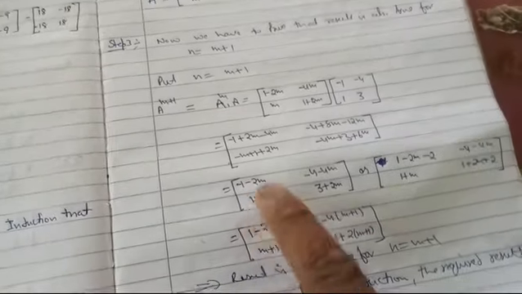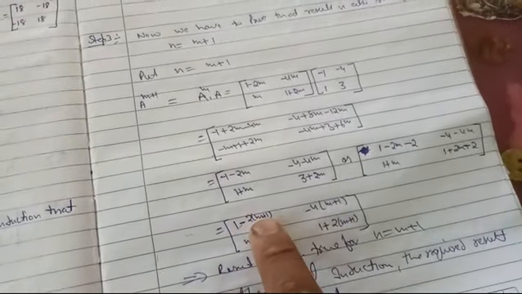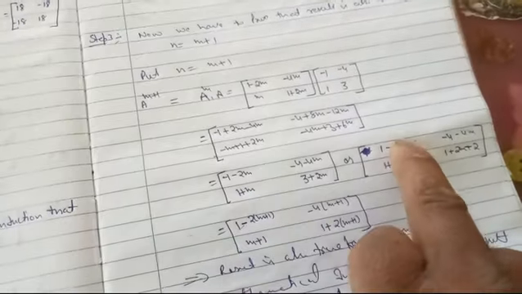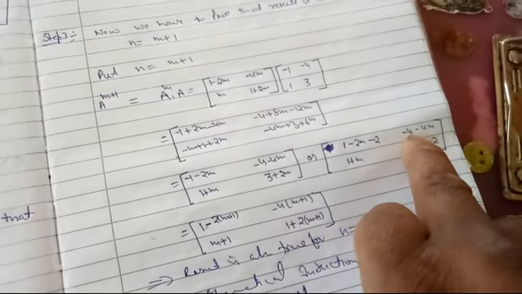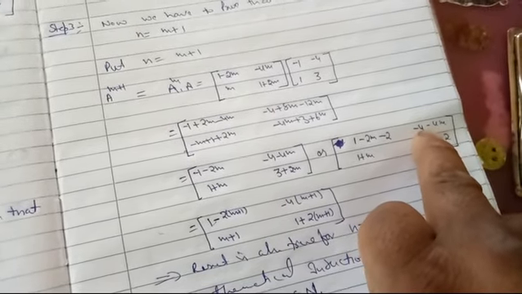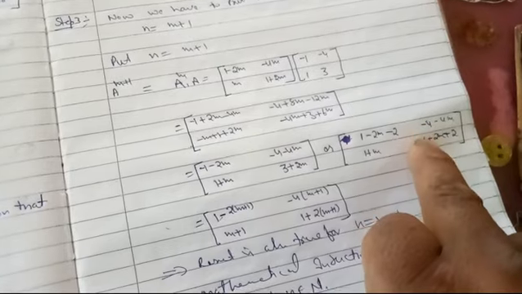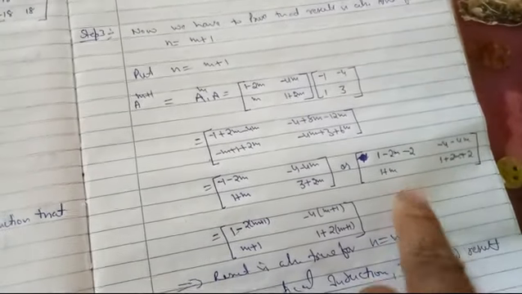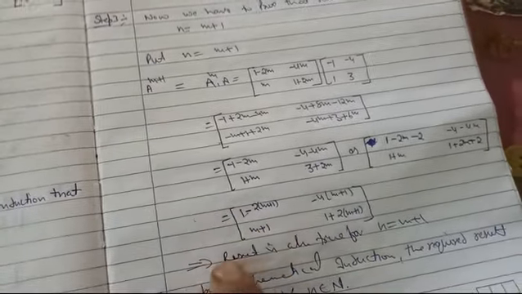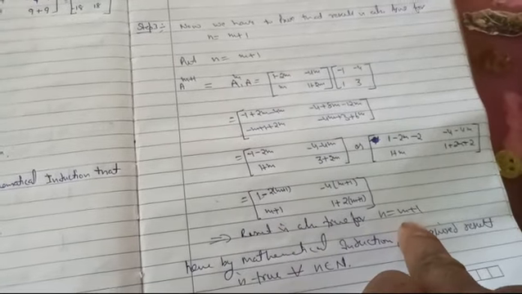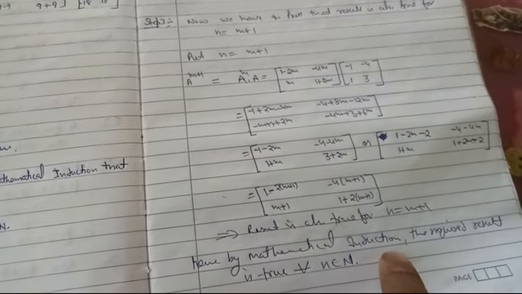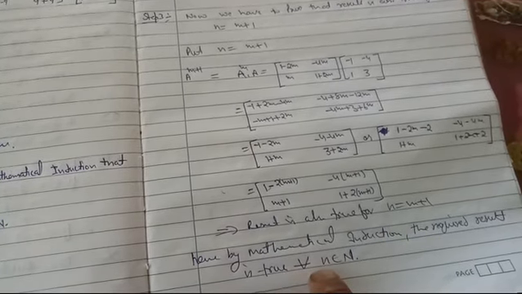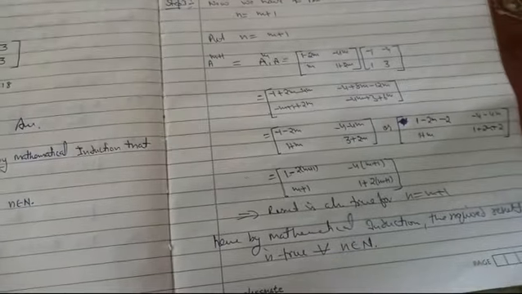So taking 2 common, 1 minus 2 bracket m plus 1. From here I get minus 4 common outside, m plus 1, then 1 plus m, m as it is, and 1 plus 2 bracket m plus 1. So we see that this result is also true for n is equal to m plus 1. By mathematical induction, the required result is true for n belongs to N. Hence it is proved that the given statement is true.